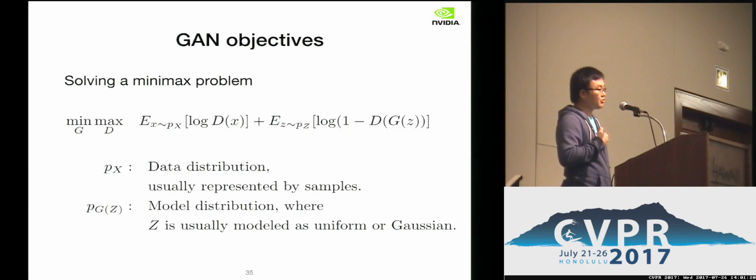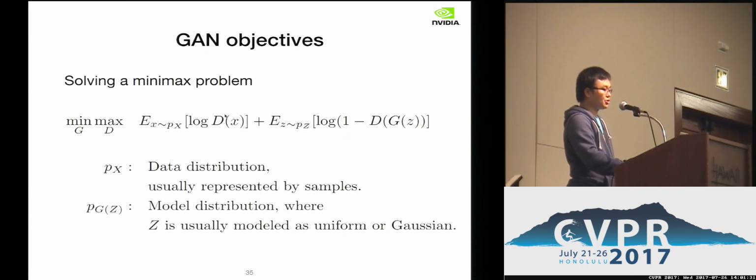So GAN is about solving a minimax problem. You have an objective function like this. For a sample coming from the true data set, you want D to provide a large log likelihood. For a sample synthesized from a random number z and put into the discriminator, you want it to have a low likelihood.